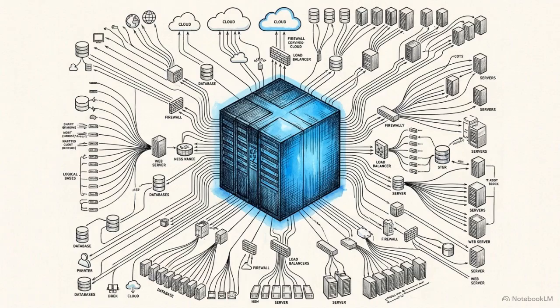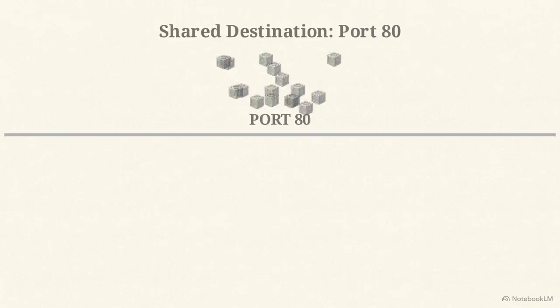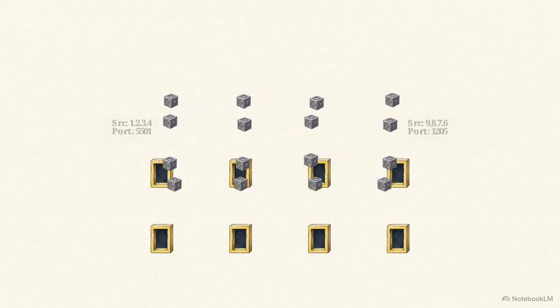We can see the true efficiency of this architecture when analyzing a modern web server handling global traffic. There is a common misconception that routing web traffic to port 80 forces millions of global users into one single congested server connection. In reality, when thousands of users connect to a web server on port 80, the 4-tuple rule prevents bottlenecks.